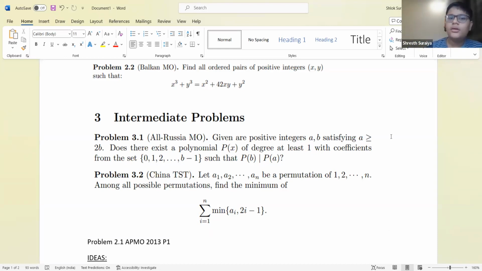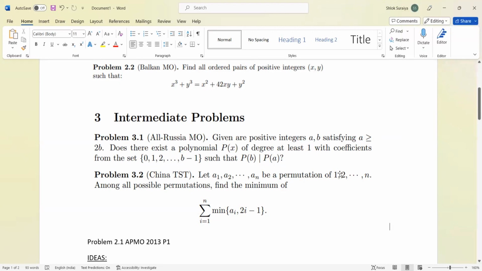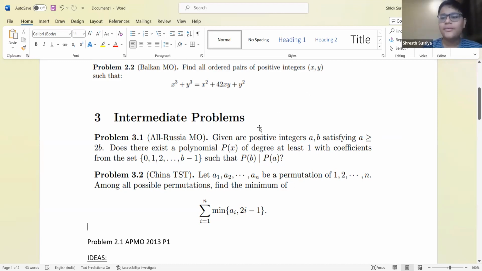Harsh, after some time, is it fine if you present your own solution to us for 2.2, or do you want to just try 3.1 and 3.2? Yeah, I can tell how I did it. Okay, so let's wait for some time, let others try. After that, if you want, then you can tell.